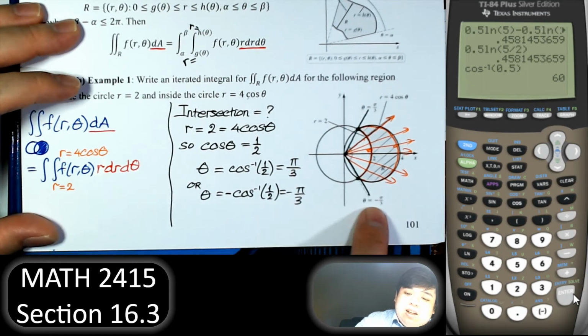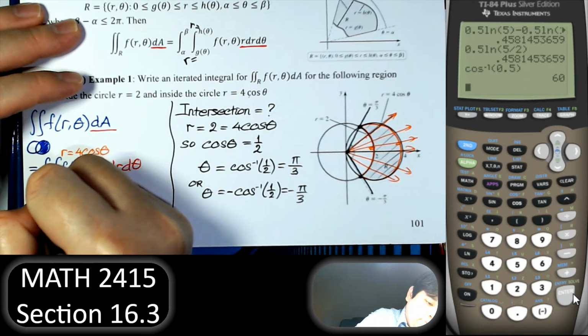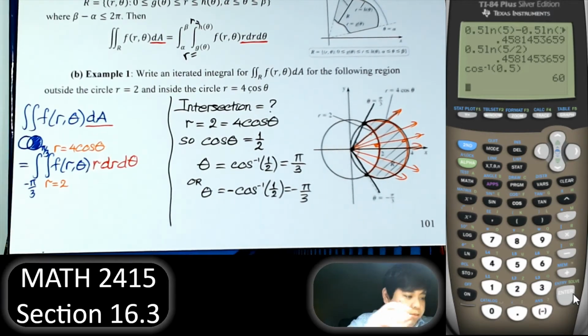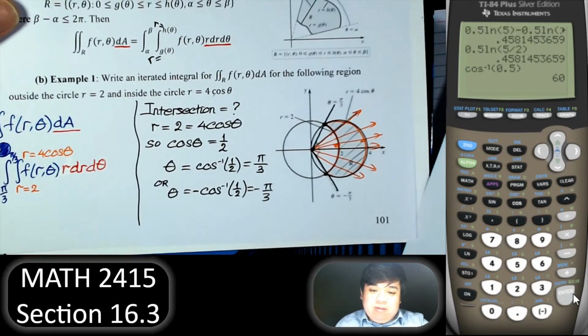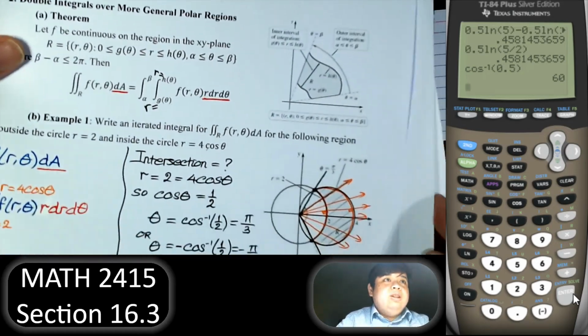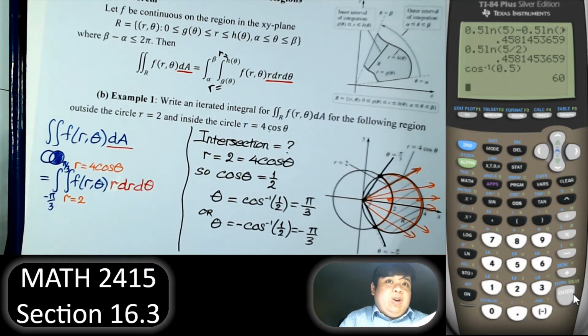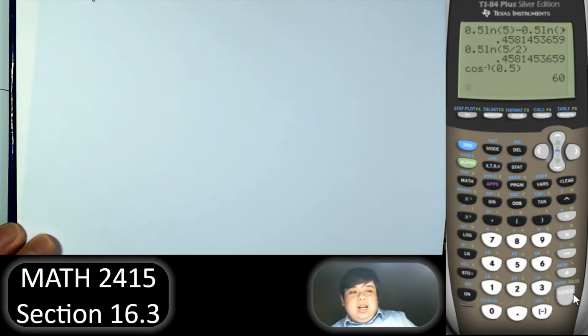And then d theta, negative pi over 3 to pi over 3 for theta. Right, so just that. I'm not going to evaluate that. There are a few more samples to evaluate this, but yeah, let's just integrate. We cannot integrate, by the way, because we don't have the function. Right, so we're good.